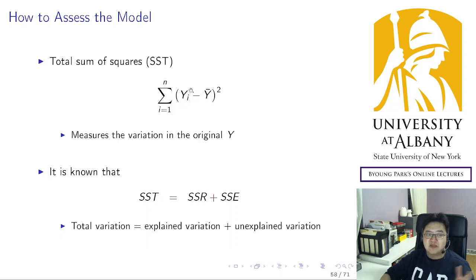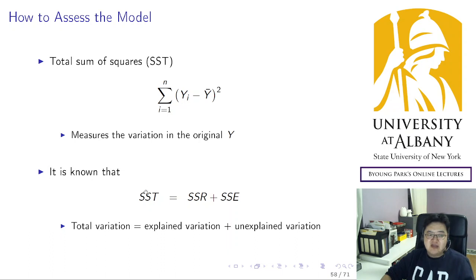So the total sum of squares is the total variation in y, and one can prove that the total sum of squares can be decomposed into the sum of squared errors plus the regression sum of squares.